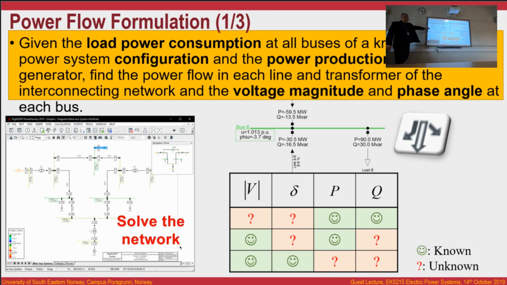Every single node inside a steady state AC power system can be identified by 4 variables. If you know 2 of them, you can obtain the other 2. Are you with me? Okay.